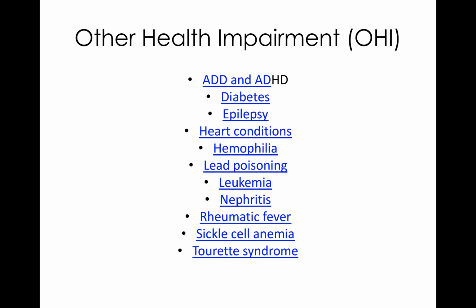It could be ADD or ADHD, diabetes, epilepsy, heart conditions, hemophilia, all of these different conditions that are on this list. All of these can definitely have adverse effects on the ability for the student to access the curriculum.